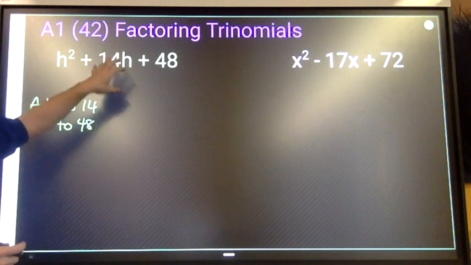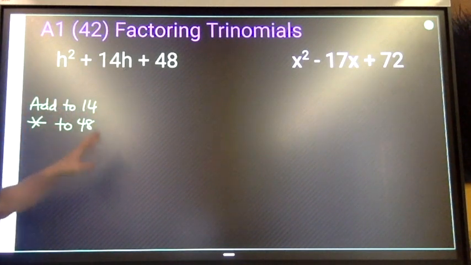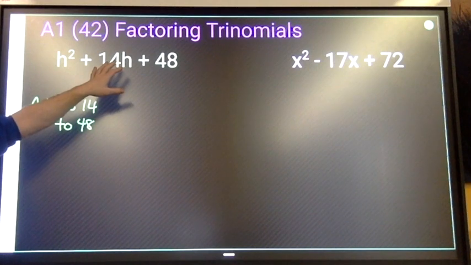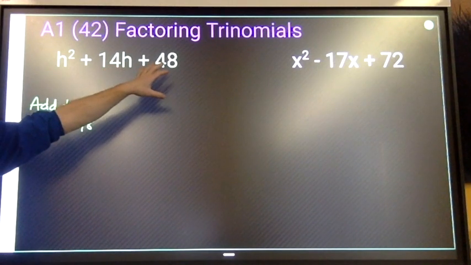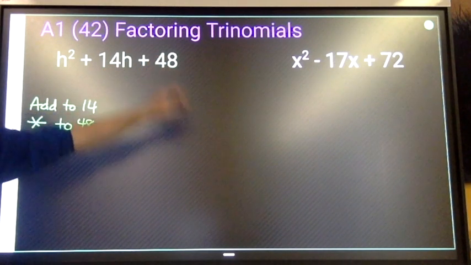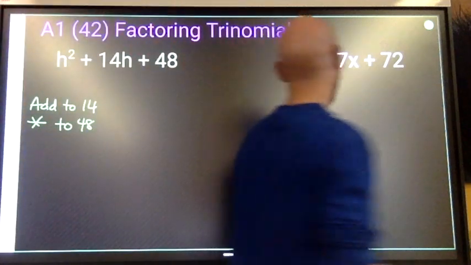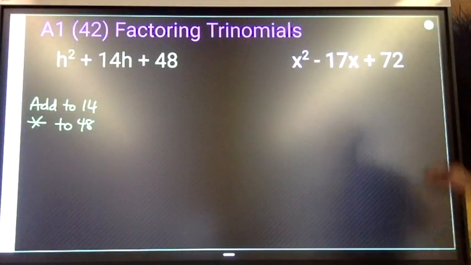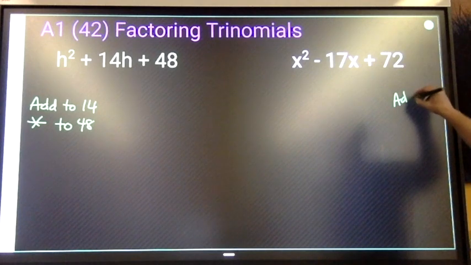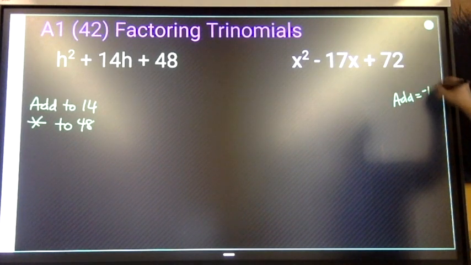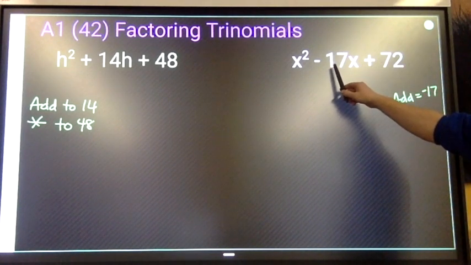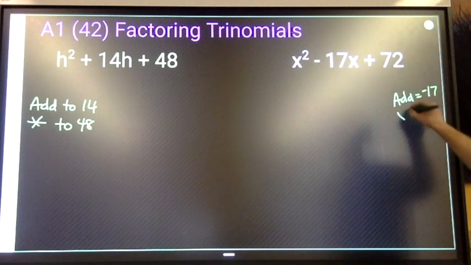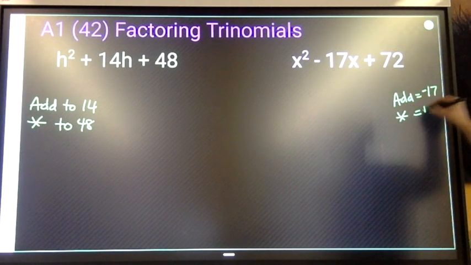In this situation, I want to find the same pair of numbers that when I add them together, I get 14, and when I multiply them together, I get 48. Over here, I'm looking for two numbers that when I add them together, I get negative 17, and when I multiply them together, I get positive 72.